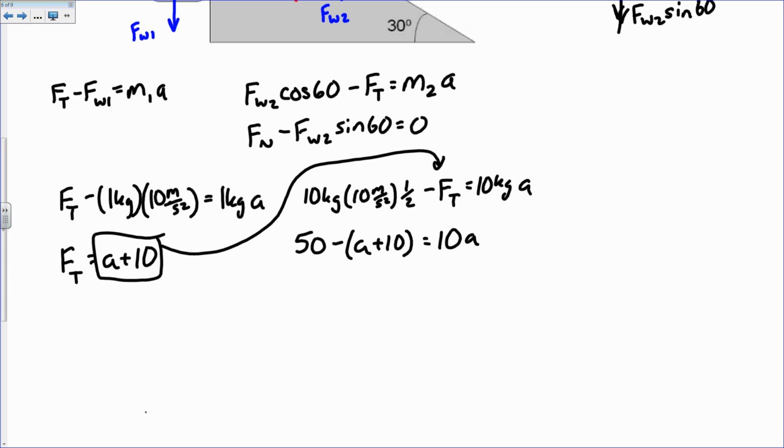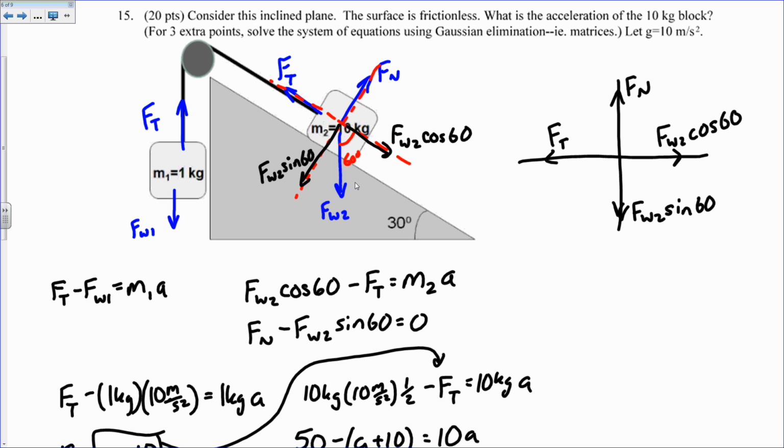And so I get 50 minus A minus 10, 40 equals 11A. A equals 3.6. That's 40 over 11. All right, that's meters per second squared. Notice that it is positive. That means that my block is accelerating in that direction.